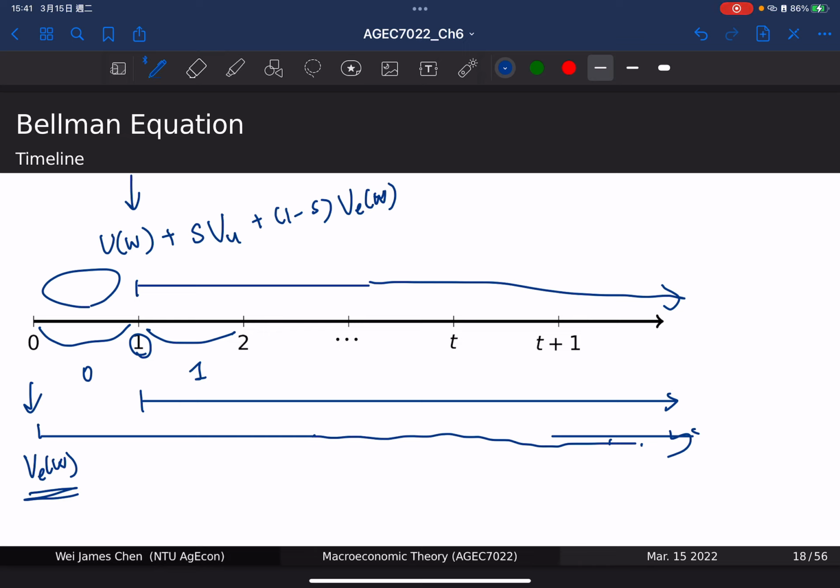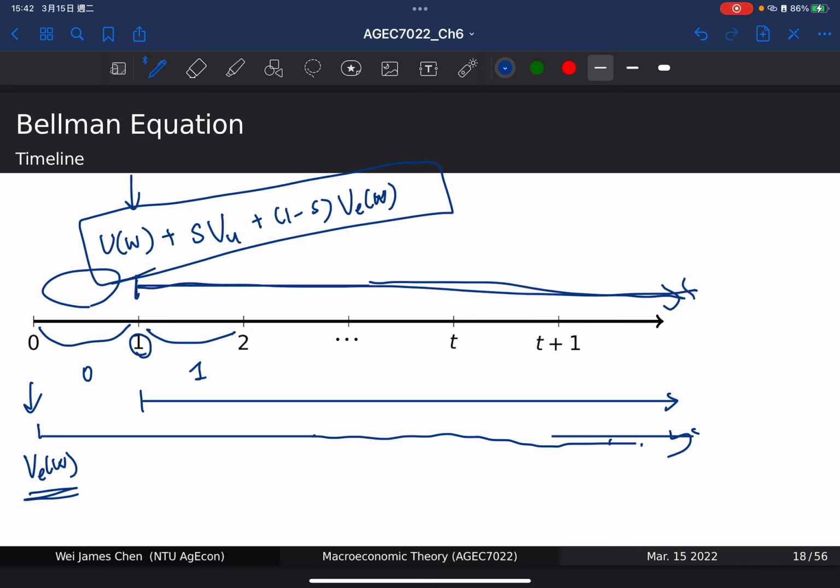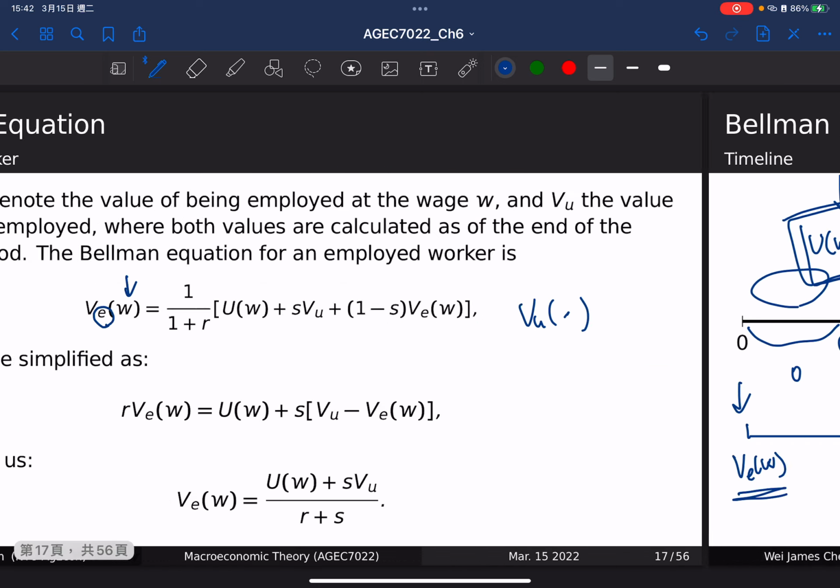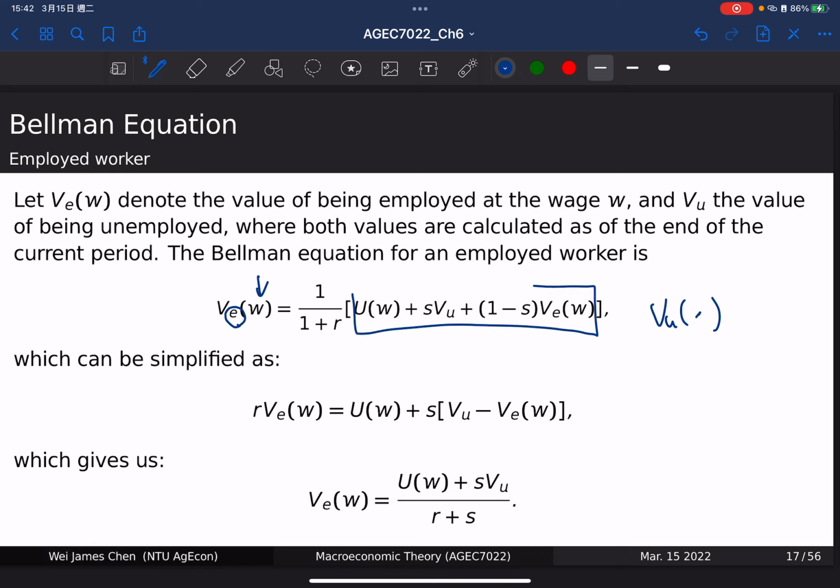Okay, so this term, this is after 1 period has gone. What's the value I get at the end of that period? And counted all the periods ahead. But I already know that term, because this thing is this.